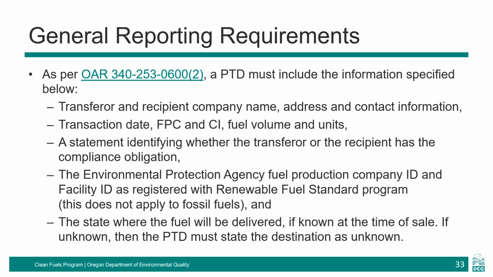Additionally, for biofuels, the PTD must include the EPA Fuel Production Company ID and Facility ID from EPA's Renewable Fuel Standard Program. If the state where the fuel will be delivered is known, it must be included. If unknown, the PTD must state that the destination is unknown. All this information is essential for maintaining transparency and traceability in the transaction process.